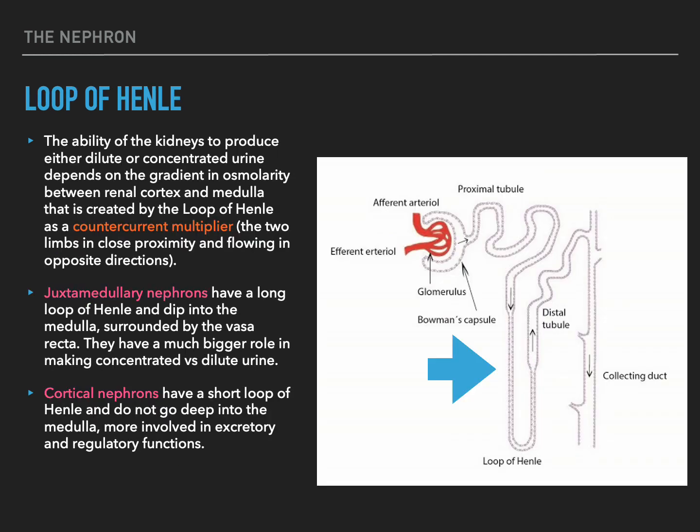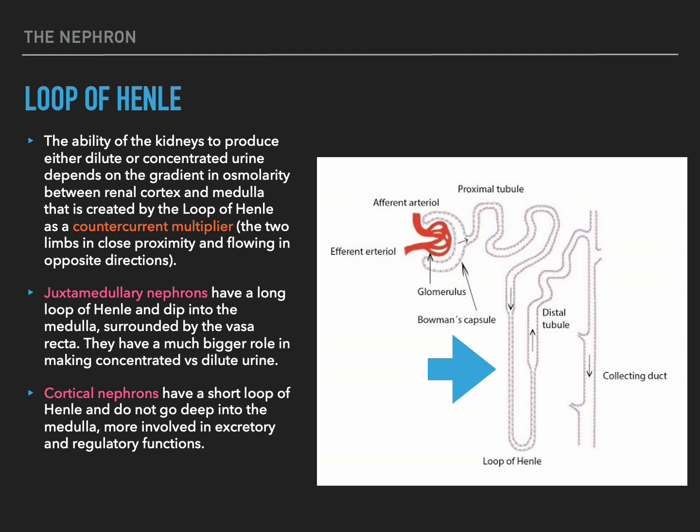The third structure in the nephron connecting to the proximal convoluted tubule is the loop of Henle. The ability of the kidneys to produce either dilute or concentrated urine depends on the gradient in osmolarity between the renal cortex and the medulla that is created by the loop of Henle, and this is called a countercurrent multiplier.